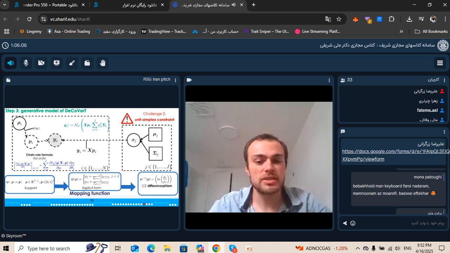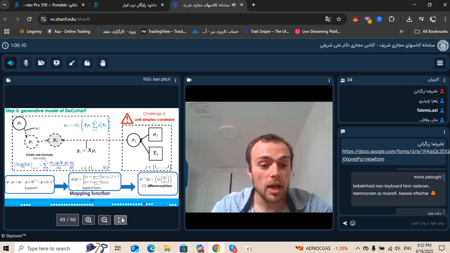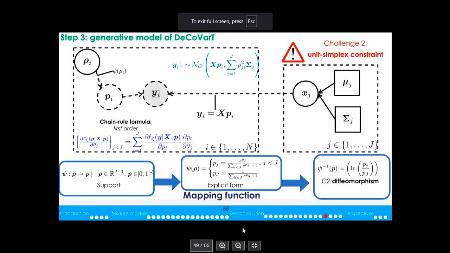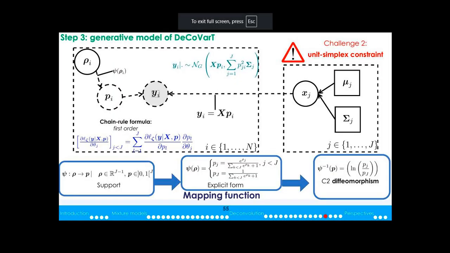Another statistical challenge that arises is that, remember, I assume that my cellular ratios must adhere to the unit simplex constraint. In other words, we have ratios that must sum to 1 and be strictly between 0 and 1. If I'm not adding this constraint directly, this won't work.